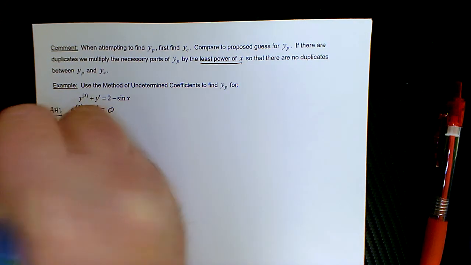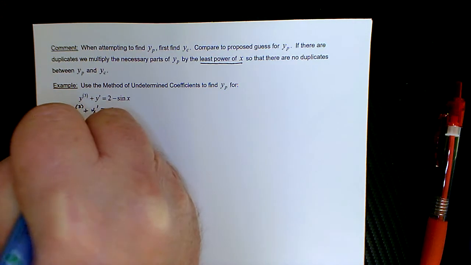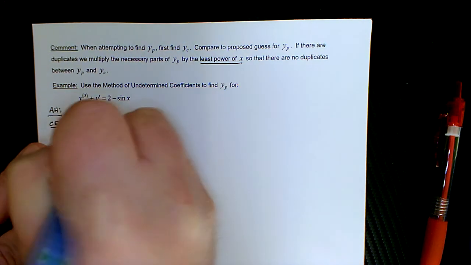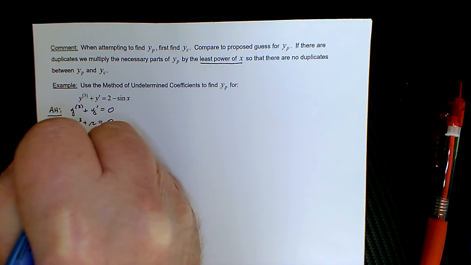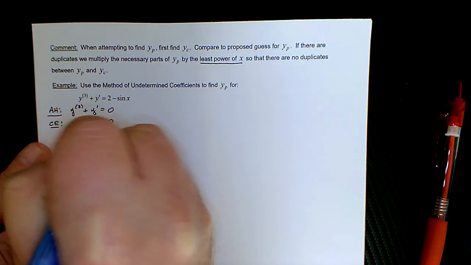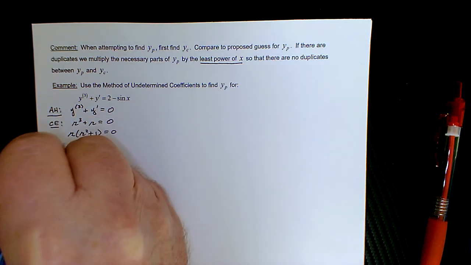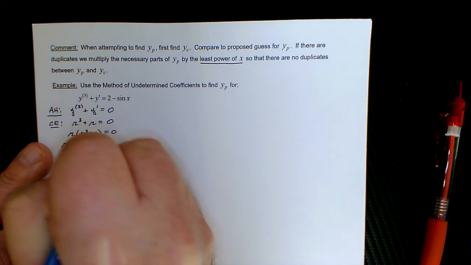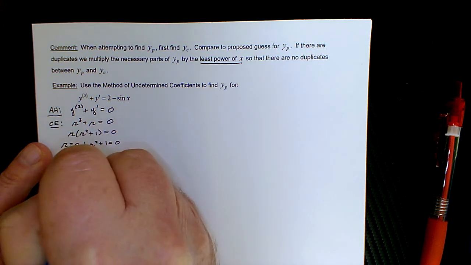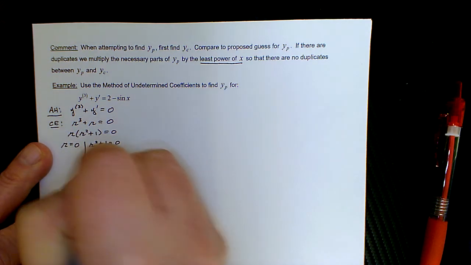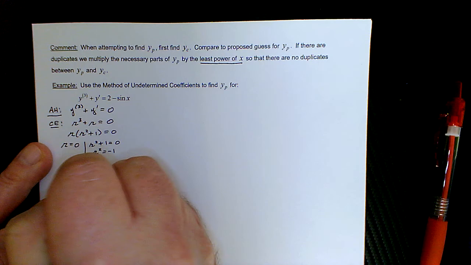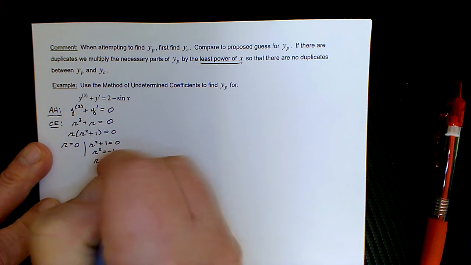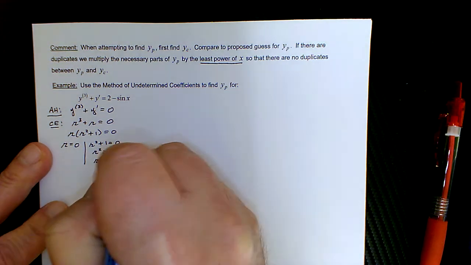Get the characteristic equation, so r cubed plus r is 0, factor: r times r squared plus 1 is 0. Set each factor to 0, so r is 0, r squared plus 1 is 0. Since there's no linear term in this quadratic, isolate the r squared. Square root of both sides gives us plus or minus i.